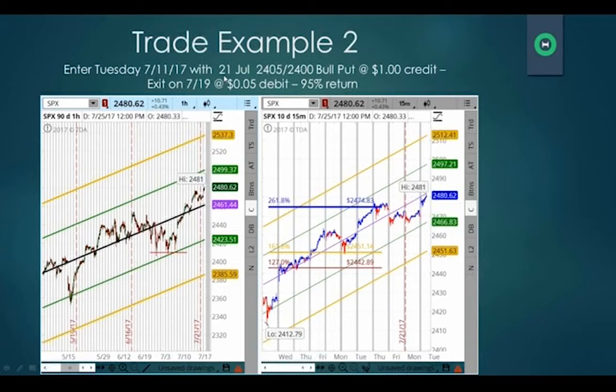What we did is we sold the 21 July 2405 put and bought the 2400 put for protection. It's a bull put spread. We got a $1 credit.